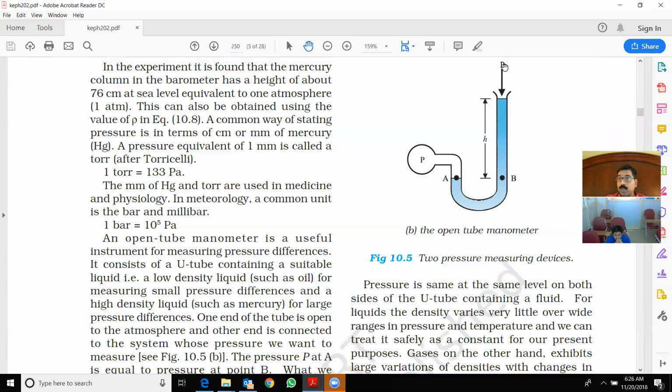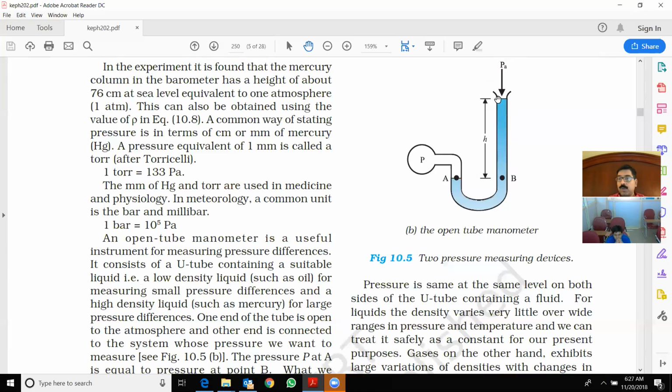This is equal to PA, the atmospheric pressure, because this end of the manometer is open to air. So this is experiencing two pressures. Pressure at point B is equal to PA plus the pressure caused by this column of liquid. And what is this column? The extra height above B. So the pressure at point B will be equal to PA plus rho GH.